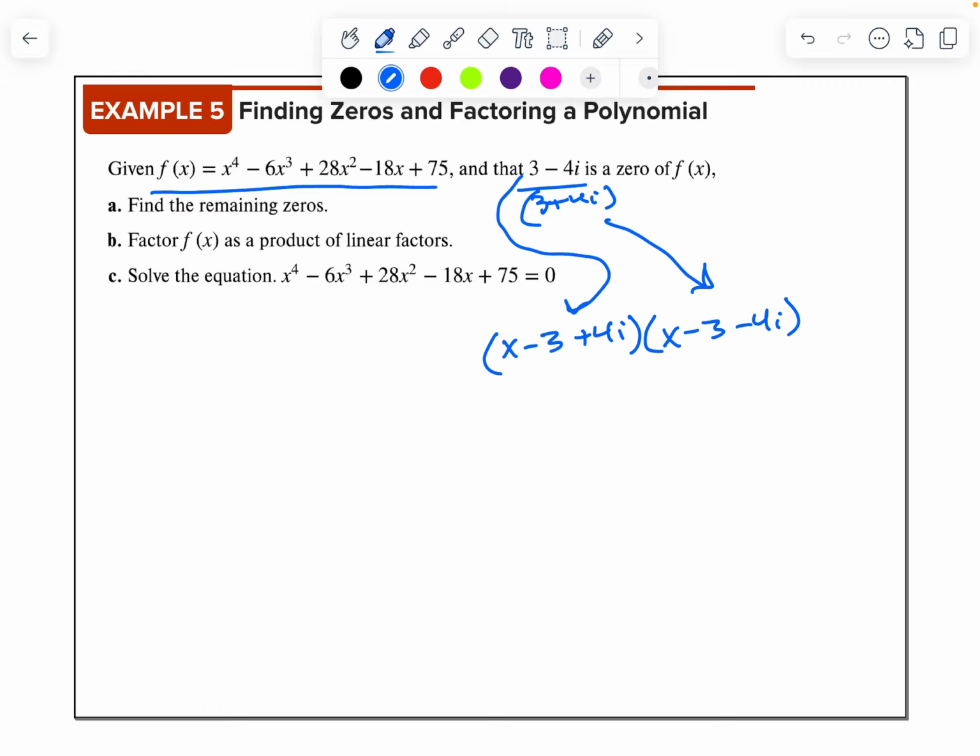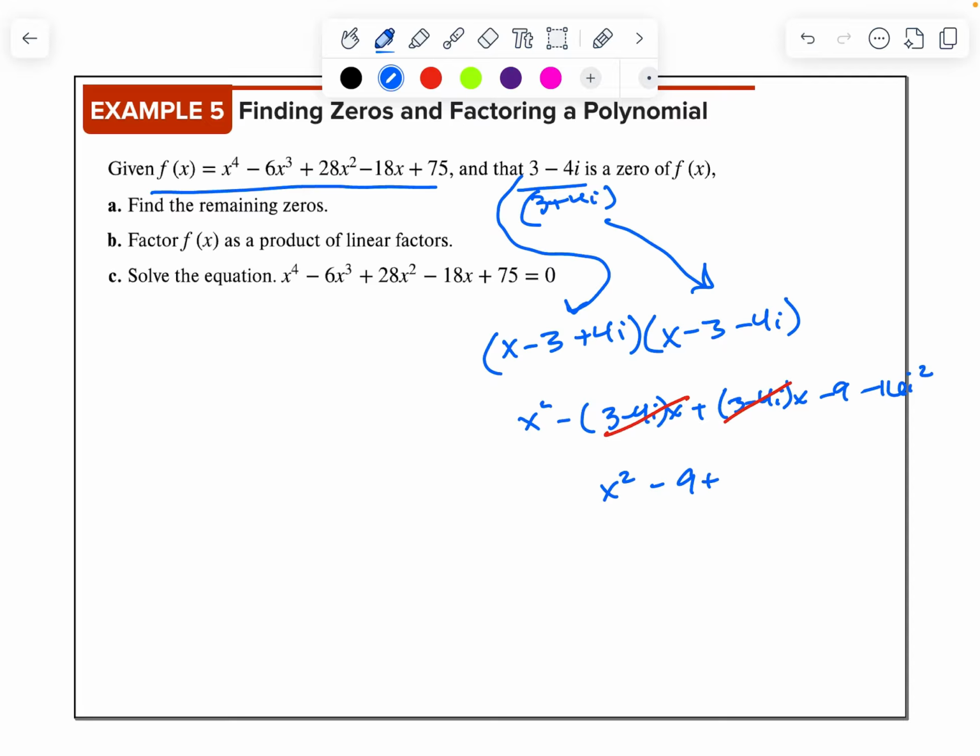If we multiply those together, we would end up with x squared minus 3 minus 4ix plus 3 minus 4ix, something like that, minus 9 minus 16i squared. So these two middle terms are going to cancel out.